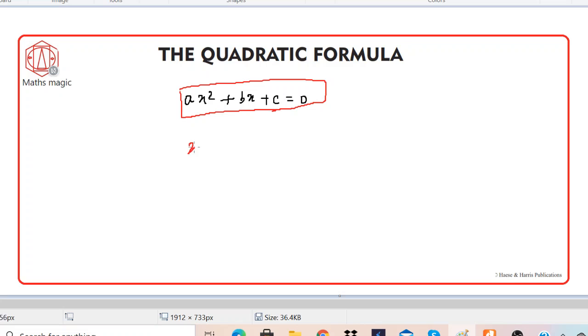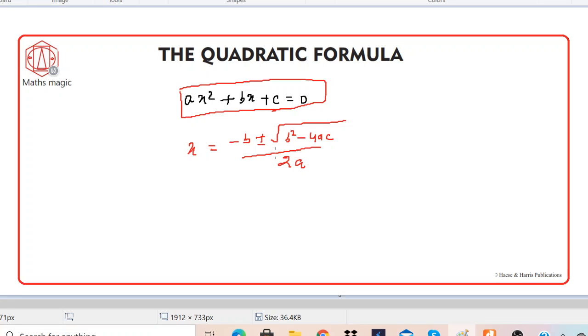Okay, now the formula. Formula says that if you have quadratic equation, you can solve using this: minus b plus minus under root b square minus 4ac upon 2a.